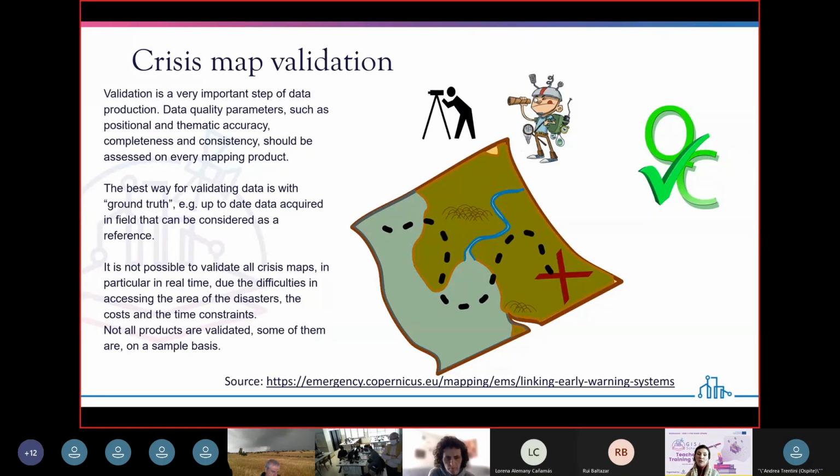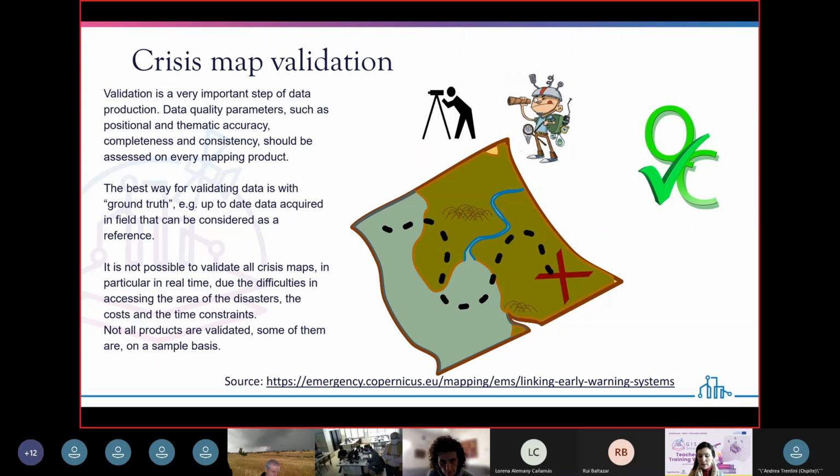Another point which is really important, and which again we cannot treat in this course, but I want it to be clear that it is a very crucial phase, is the crisis map validation. So every map, every data must be checked before providing it to the user.